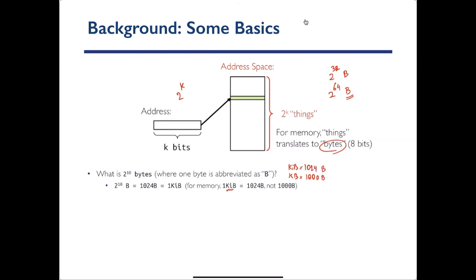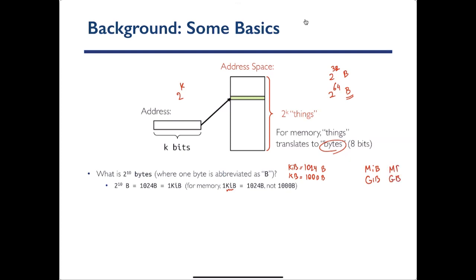Now, I'm going to stop using kibibyte, so I'm going to just say kilobyte. The same with megabyte and gigabyte. It's written MiB and GiB rather than megabyte, which is MB, and gigabyte, which is GB.